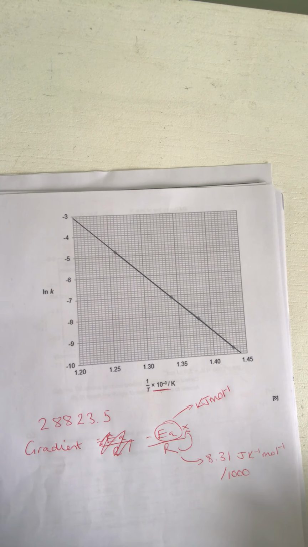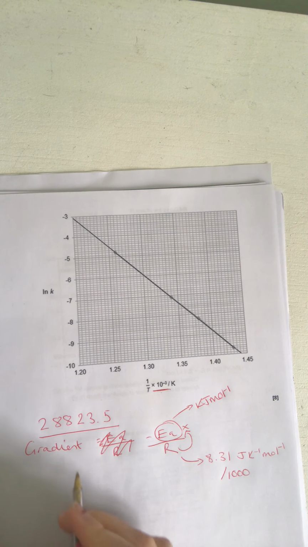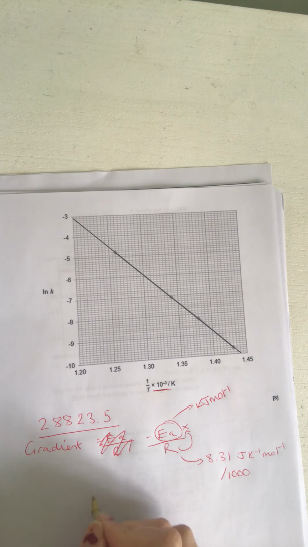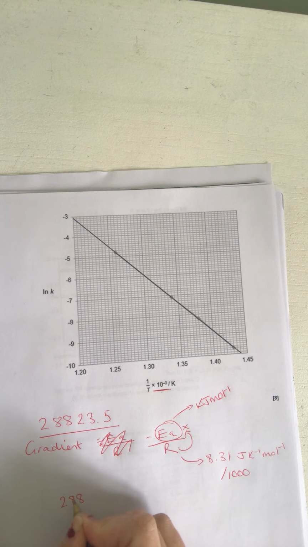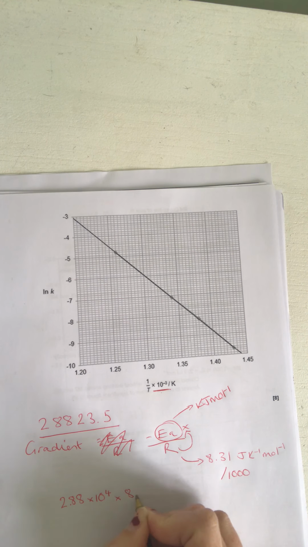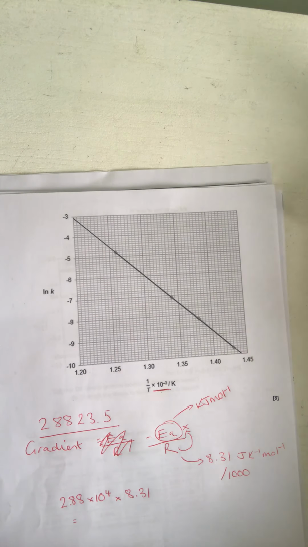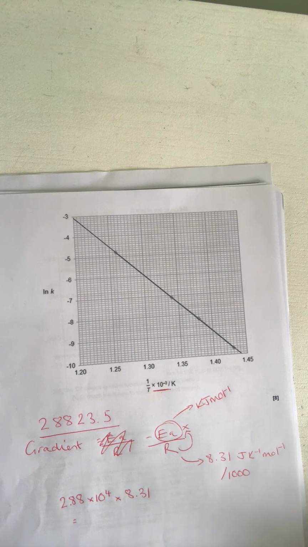It doesn't really matter which stage you do that at, to be honest. The other thing to note is to make sure that we get an accurate answer, I'm going to use this value to 3 significant figures. So I'm going to say 2.88 times 10 to the 4 times 8.31.